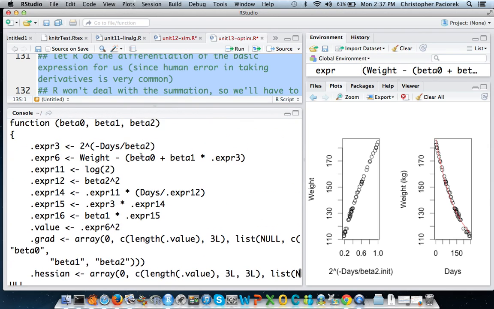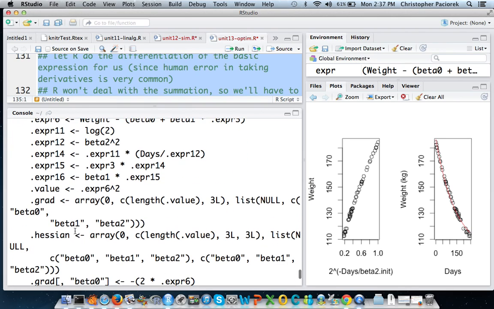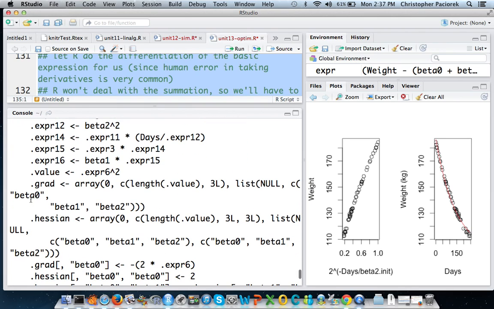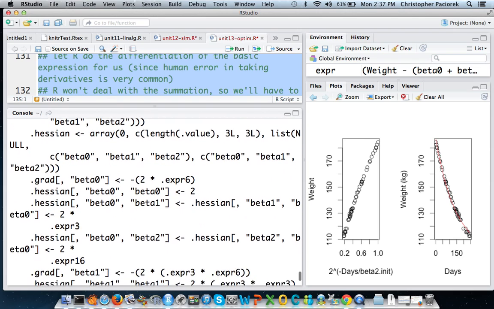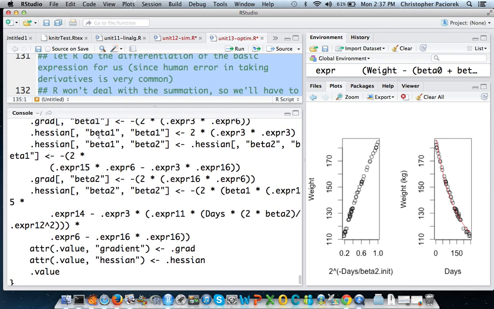Once I do that, you can see that it spits out an ugly result that has a whole bunch of these partial objects, which come from doing partial derivatives of pieces of the expression. The resulting gradient and Hessian come from combining together these partial expressions that we calculated earlier on.